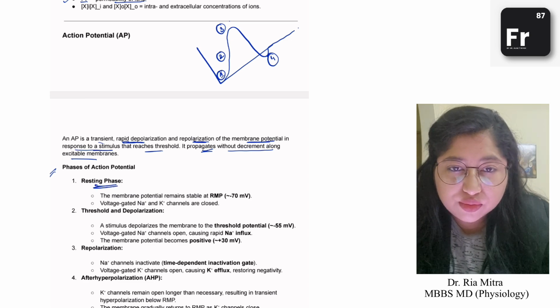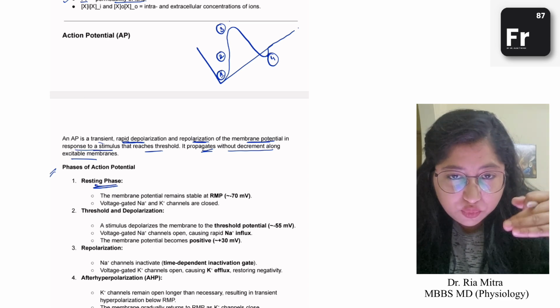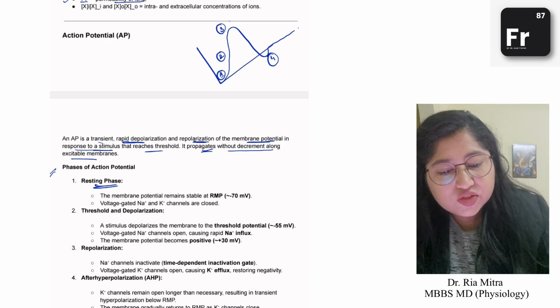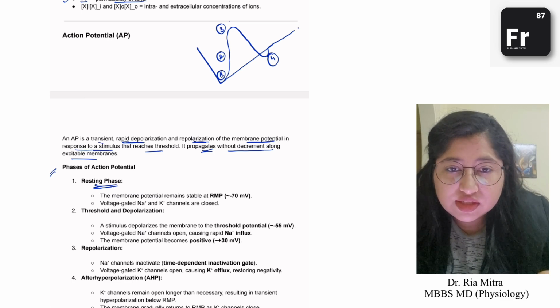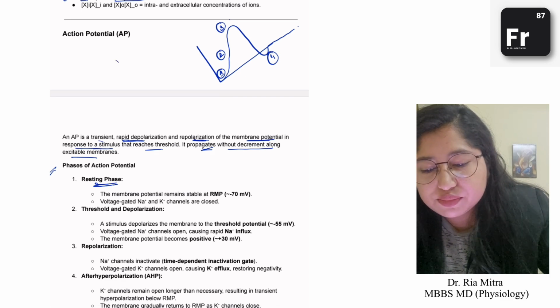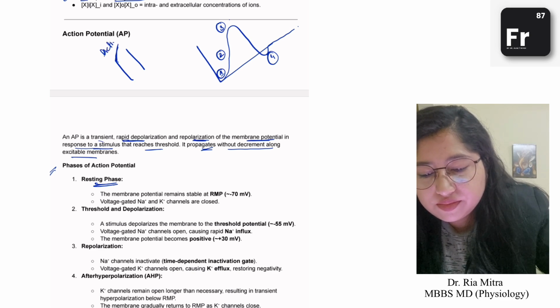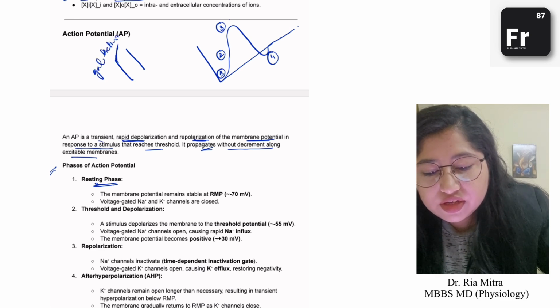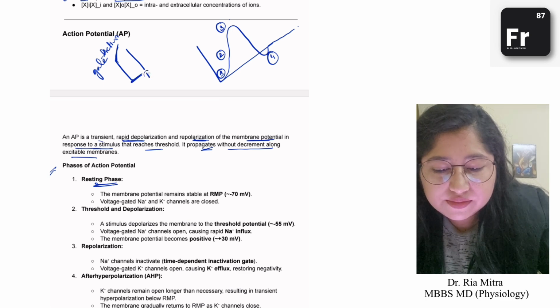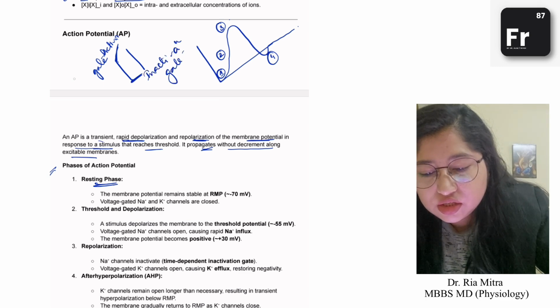Resting phase is also known as the latent phase. Now, once a stimulus for depolarization arrives, there is opening of the activation gate of the sodium channels. We are aware that sodium channels have two types of gate. They have an activation gate and they have an inactivation gate. What are these? These are sodium channels, right?